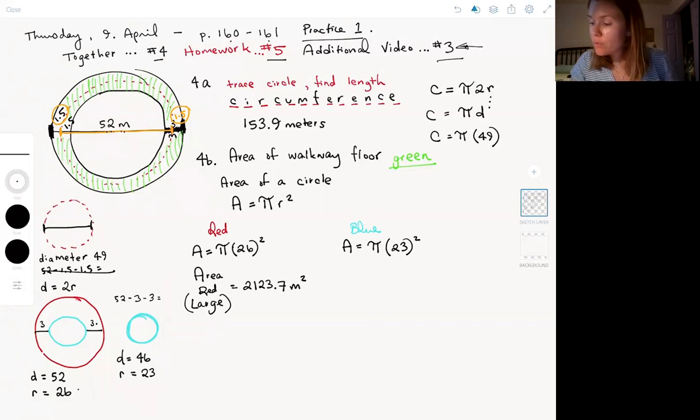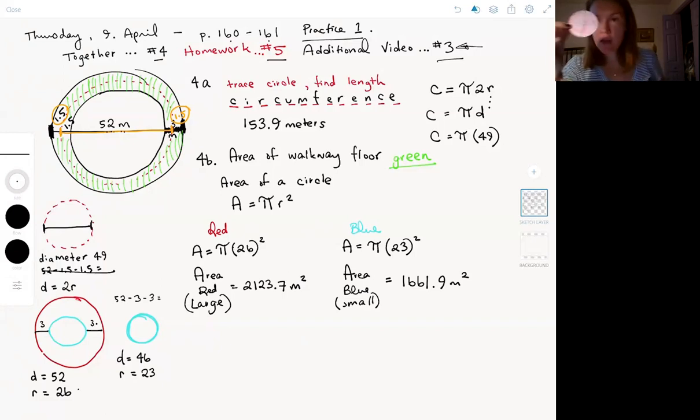And the area of my blue is going to be 1,661.9 meters squared. So I know the area of my large red and the area of my small blue. Now, in order to get my green walkway, I'm going to take my red, subtract my small blue, and it's going to leave me just the green walkway inside.